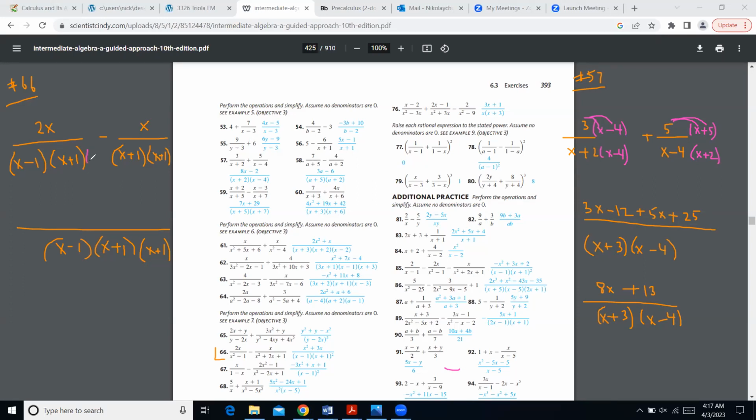So I need here x plus 1 for the first fraction. So I multiply the top by x plus 1, as usual, by the same thing. And for the second fraction, I need x minus 1, right? So I'll have 3 factors on the bottom of the first and the second fraction.